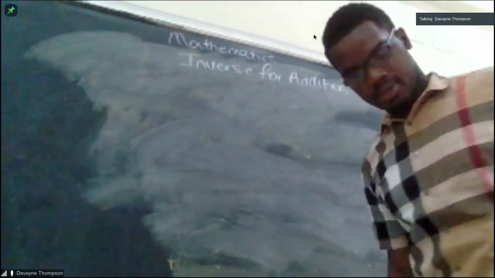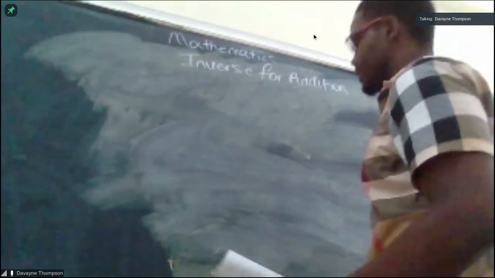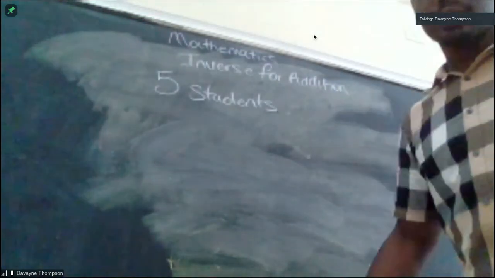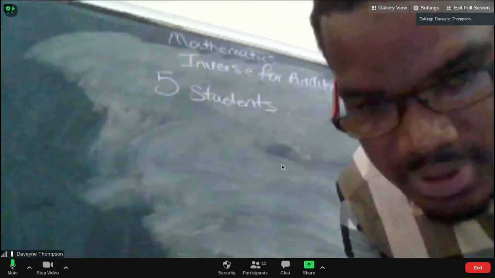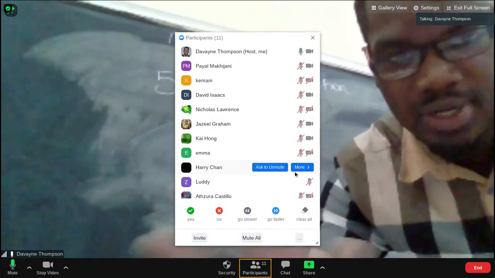Let's say that I had 5 students in the class. Let's say we had 5 lovely students in the class. And suddenly, these students all had to use the bathroom at the same time, so the cameras are off.